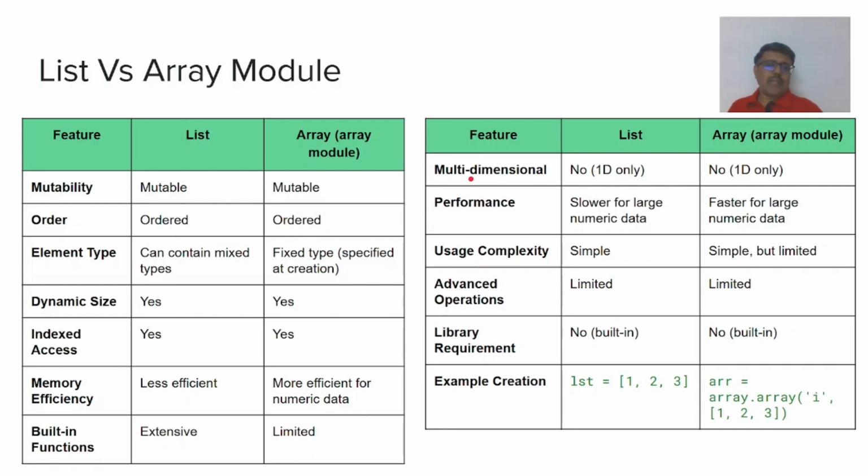And on multi-dimensional support, a list will always be one-dimensional only, that means in the XY direction you cannot have it.